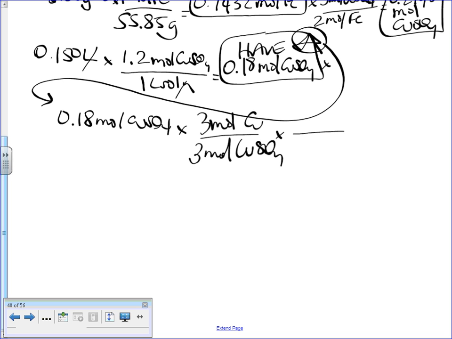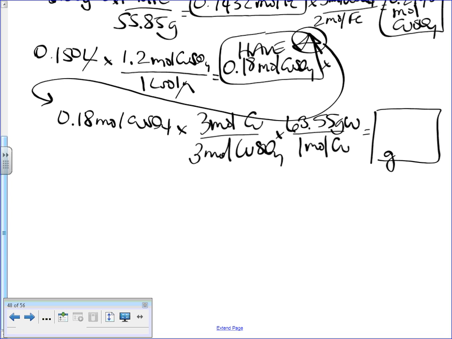Then grams: 1 mole of copper weighs 63.55 grams. And that gives me the grams of copper that was produced in this particular reaction. So how much? 11.44, I'm just rounding up. Okay, so that's how much is made in the reaction.